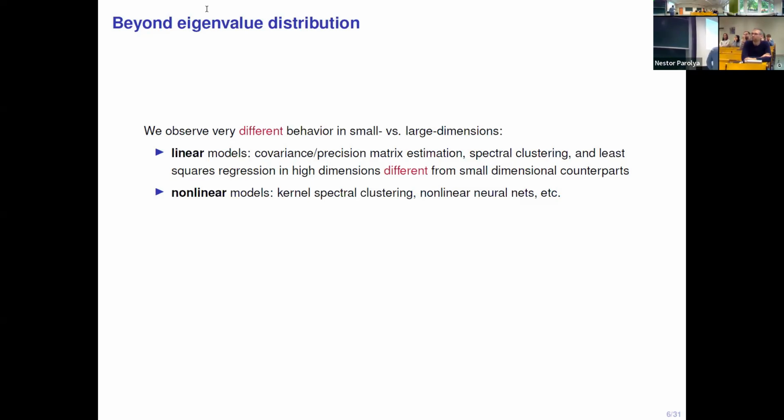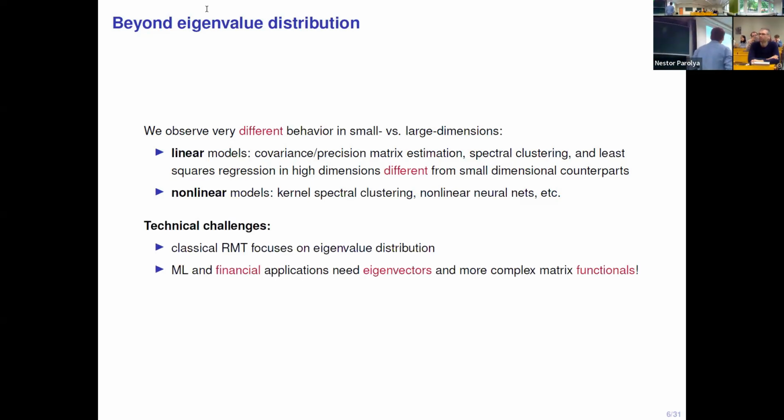In linear models, by which I mean covariance and precision matrix estimation, spectral clustering, and least squares regression, the small-dimensional intuition is not valid anymore. The same problem also goes into nonlinear models like kernel spectral clustering and nonlinear neural nets. If you have a problem already at the linear level, it goes further to the other levels as well.